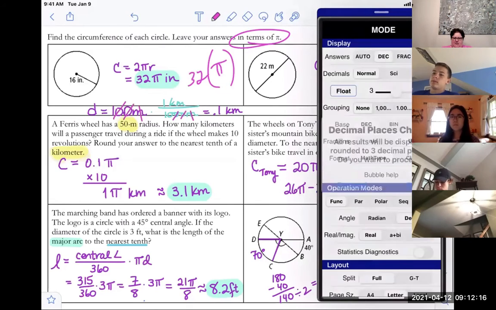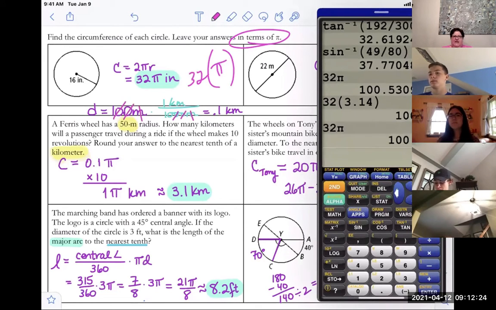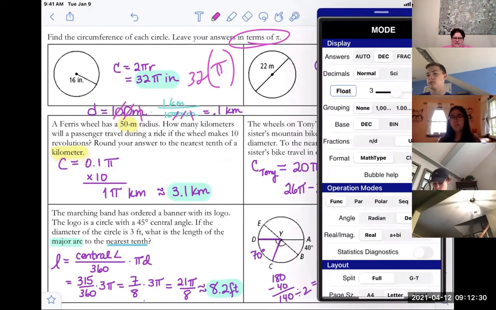Okay, so if I made it go to 3 decimal places, and I do 32 pi, it's going to cut it off even more. Float means do the best you can, give me the least approximating number possible. But obviously it has to cut it off somewhere. So float is what you set it on when you're trying to get as many digits as the calculator can display for you.